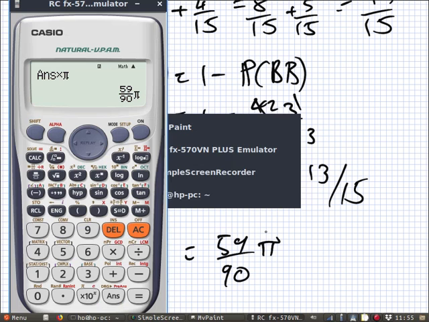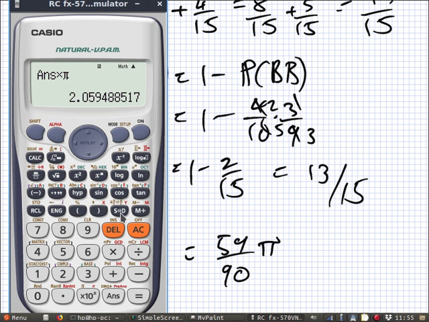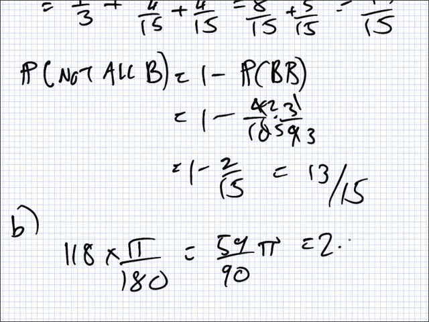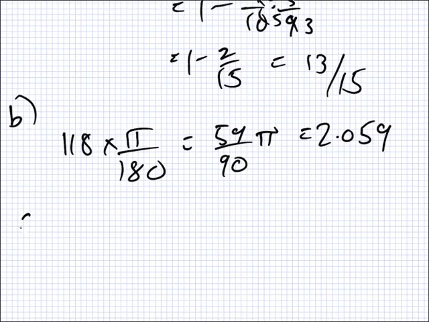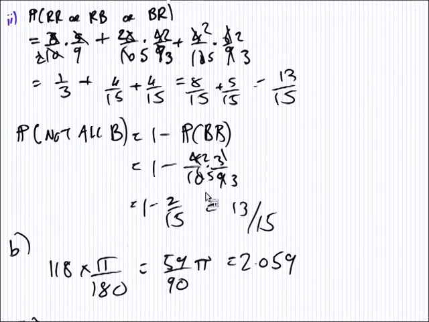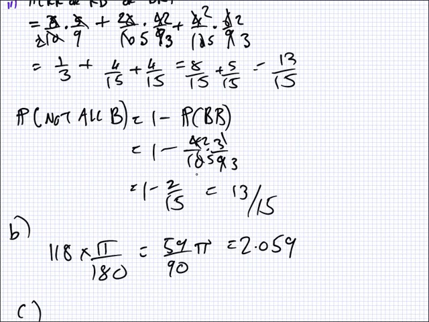If you get your answer as a decimal, that is acceptable too. 2.059. A bit higher.